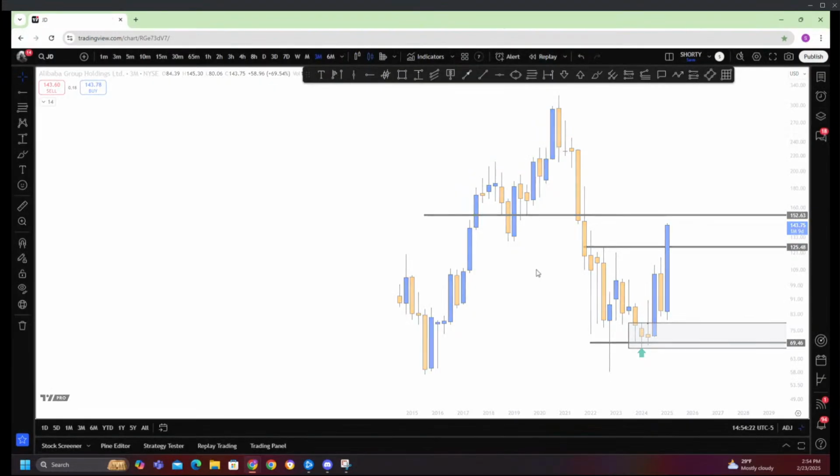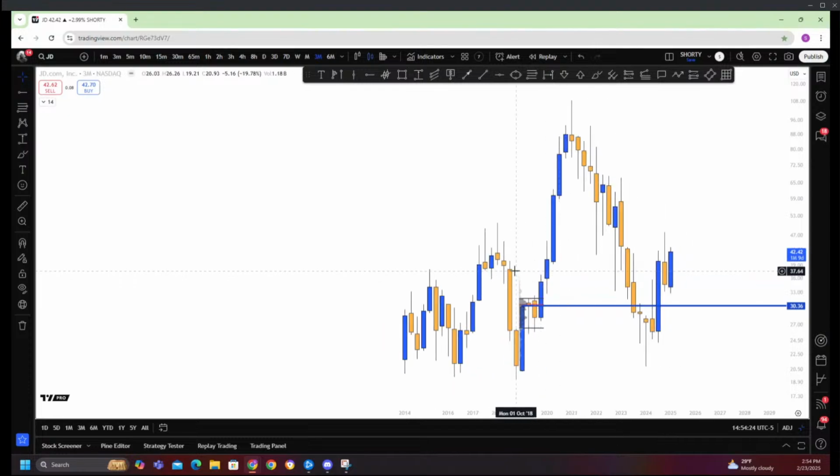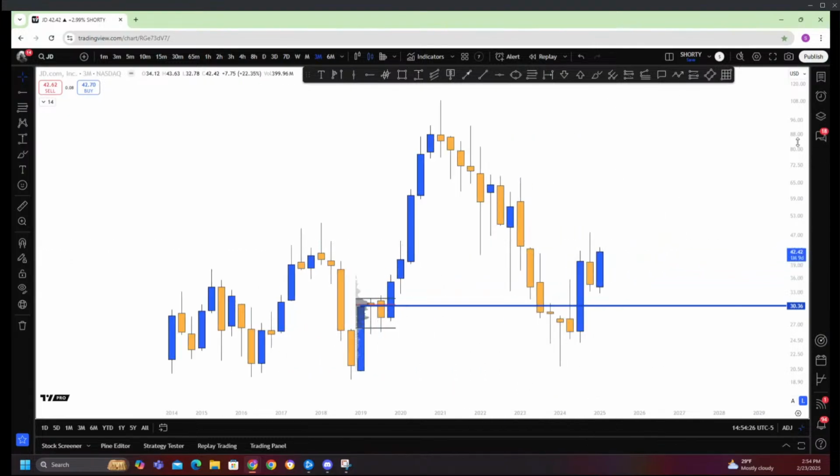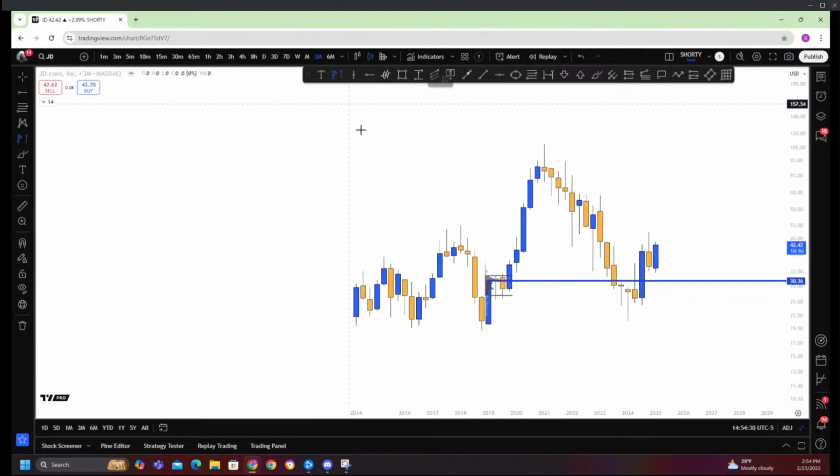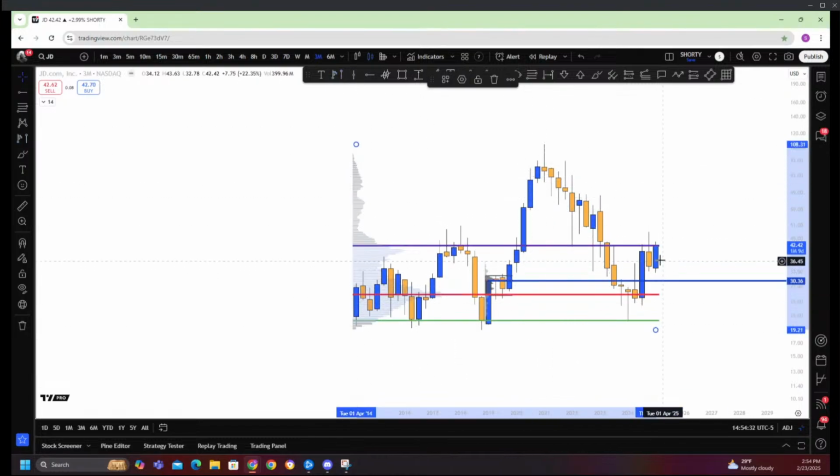JD looks a little bit promising, but also not the best spot to go long here. You want to get a little bit better retest on this. If you look at all-time high, you would be buying at that. So think about this. You would be buying JD above all-time value area high.